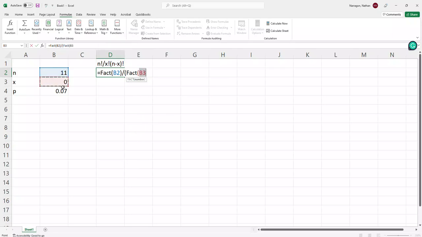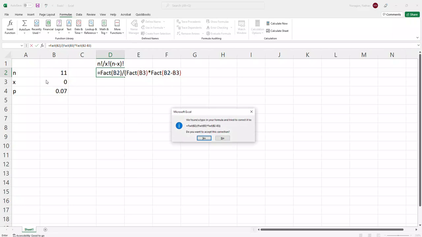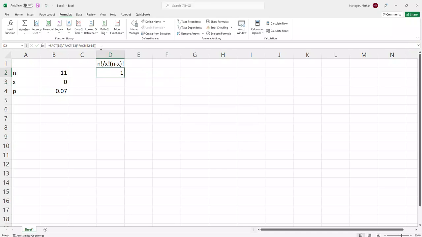FACT, this is my x, and multiply by factorial of n minus x. And that's basically it. So hit enter. Oh, yes, I need another parenthesis. If you miss a parenthesis, Excel will add it for you, just like it did right there. So that comes out to 1.